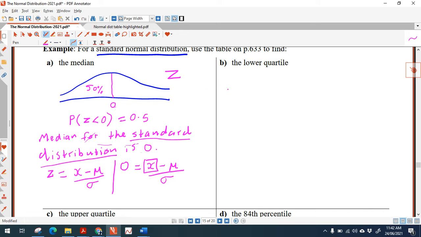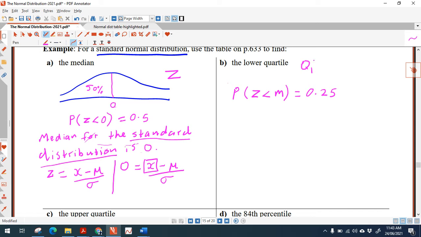Now, for the lower quartile, remember the lower quartile is Q1. We know that for Q1, 25% of the data is below Q1. So what you want to find is the probability that the z-score is less than a particular number, we'll call it m, is equal to 25%, but we're going to write down 0.25 instead, because your z distribution table has decimals, not percentages.